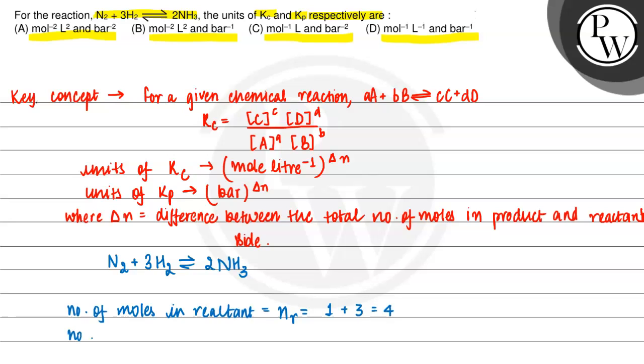And if we see number of moles in product side, we will represent it by nP and it is 2. तो अगर हम डेल्टा n की वैल्यू निकालें, our delta n will be 2 minus 4, क्योंकि number of moles in product minus number of moles in reactant side, which will be equal to -2.